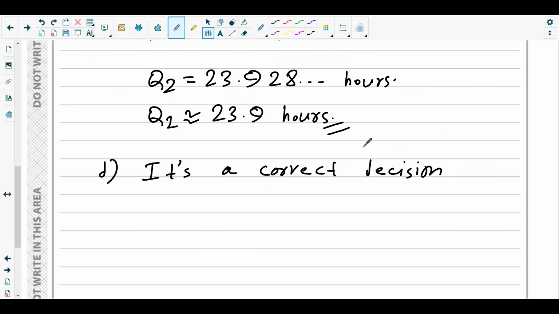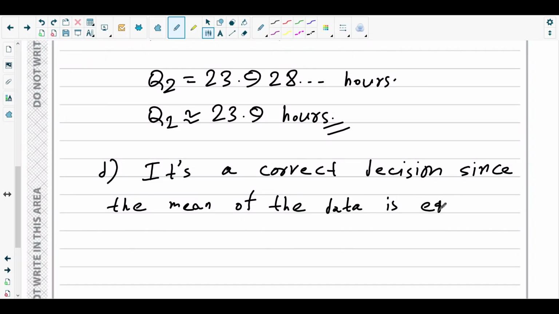This is 2 marks. So this is for 1 mark: it's a correct decision. Now the justification. Since the mean of the data is equal to its median, it is a symmetrical distribution.